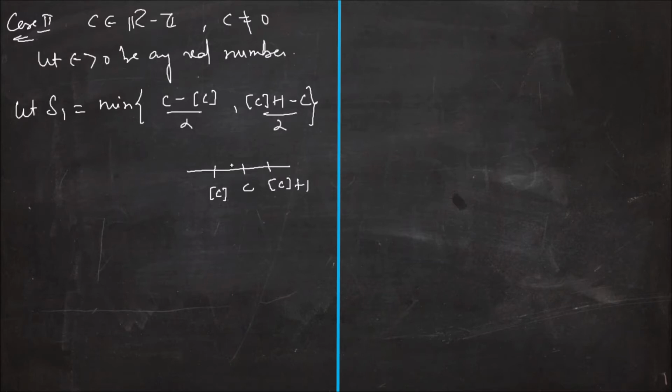So we want to create an interval around c which does not contain these 2 points. So for that we can take delta 1 equal to this. So for this choice of delta, this property will be satisfied.